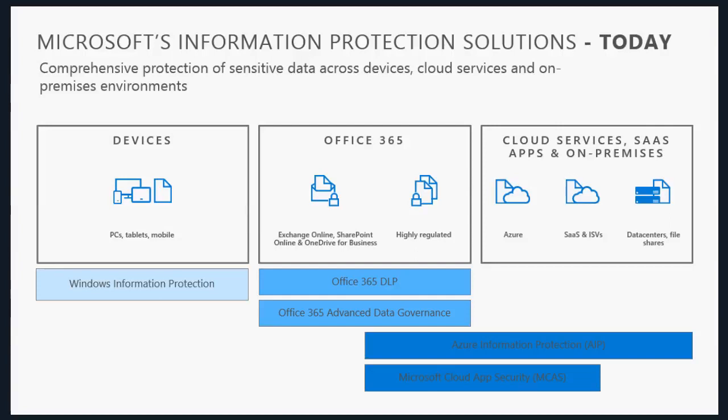Most of these things, as they relate to the various industry-specific contexts, sensitivity types for financial, for health services, for HIPAA, for European data protection, all come essentially default out of the box.